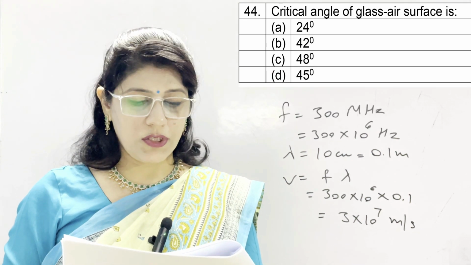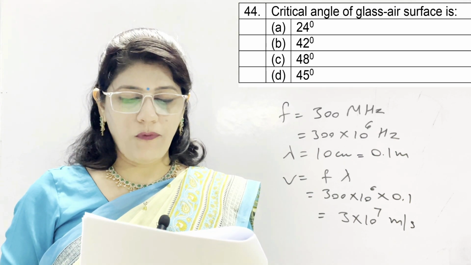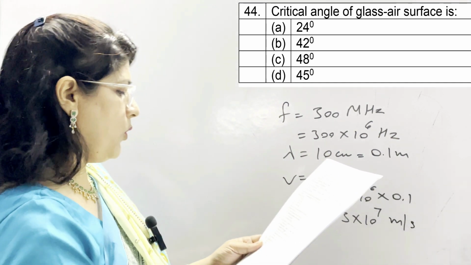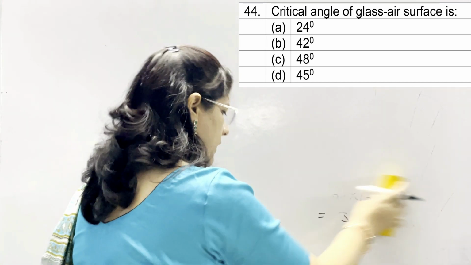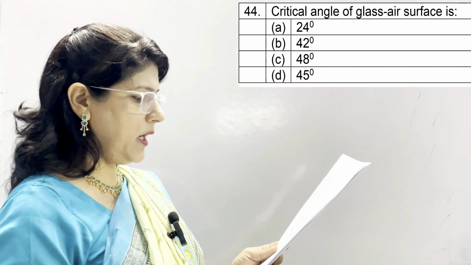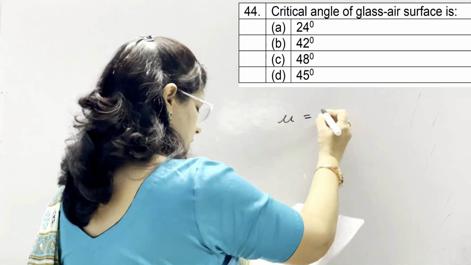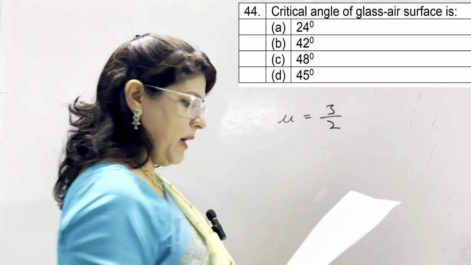In question number 44, critical angle of glass air surface is, A option 24, B is 42 degree, C is 48 degree, and D is 45 degree. We know for glass air interface mu is equal to 3 by 2.